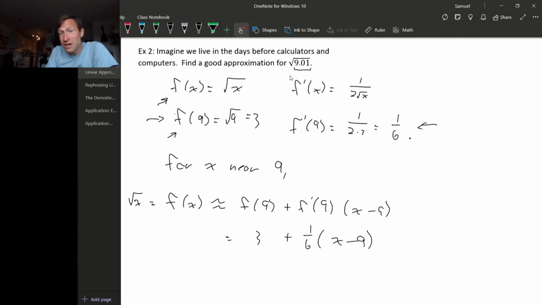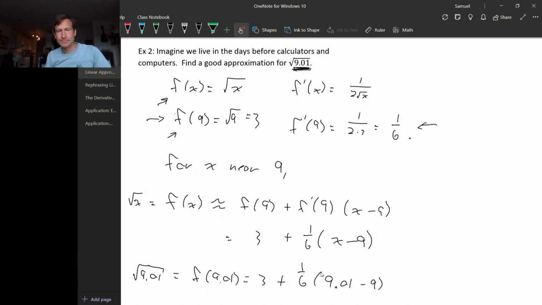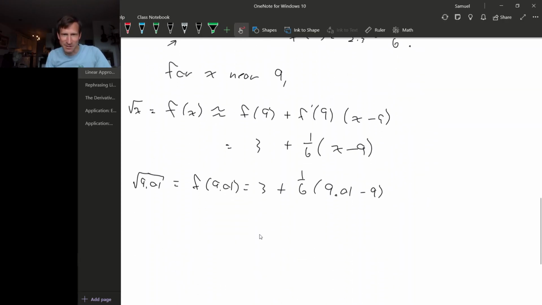All right, well now we can plug in the x value we really wanted to know about. So the square root of 9.01, that is f of 9.01, we can plug this into our linear approximation. So it's 3 plus 1 over 6 times 9.01 minus 9. And I need approximately here, not equals.